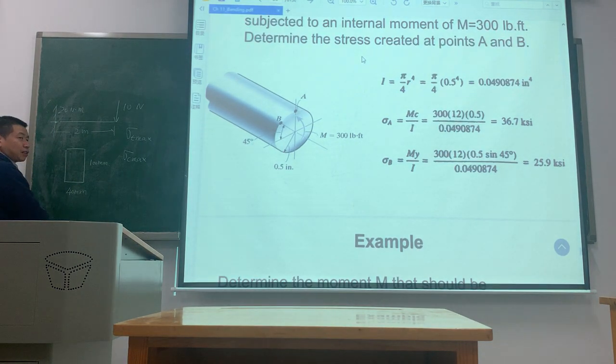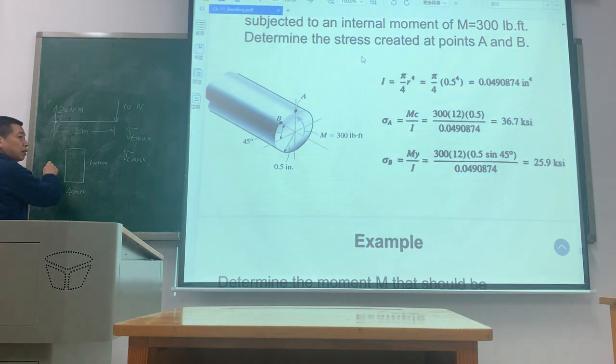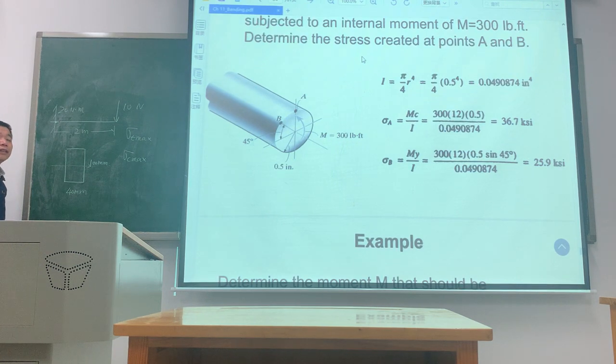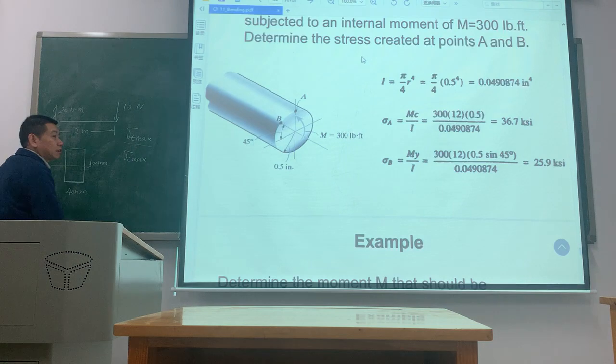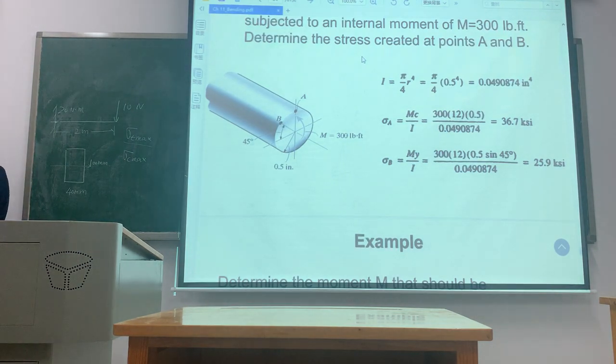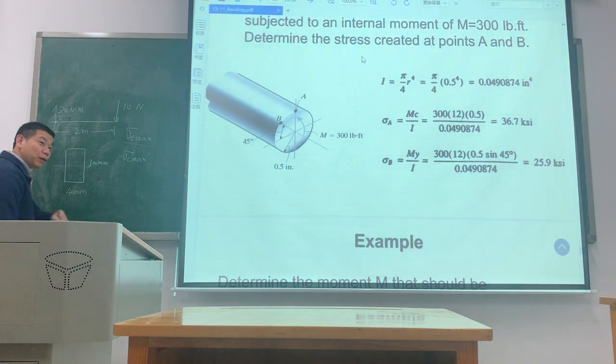Where does the neutral axis pass through? It passes through the centroid. Where is sigma T max in the cross section? The bottom. So you made a mistake.